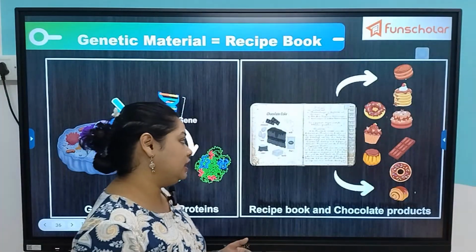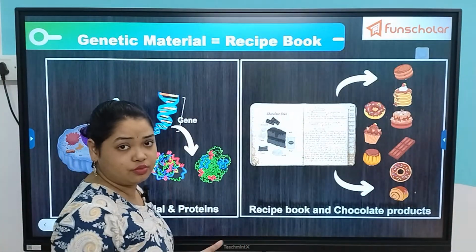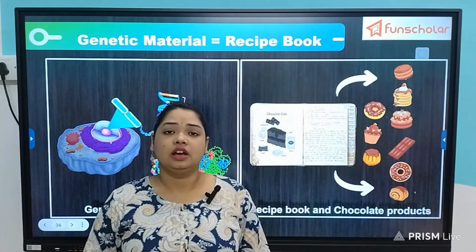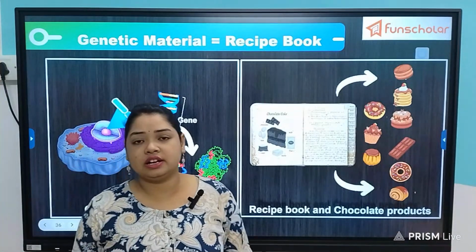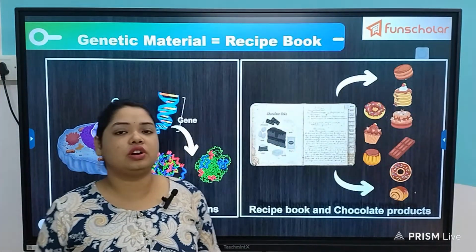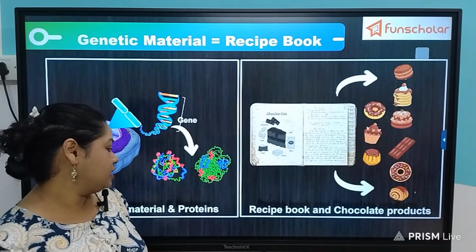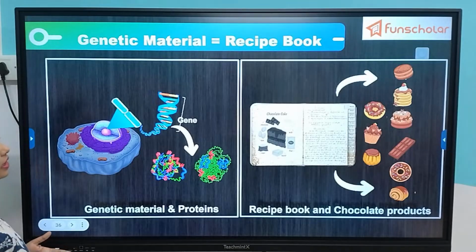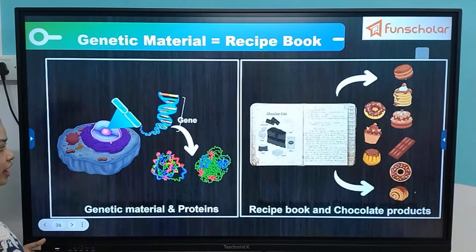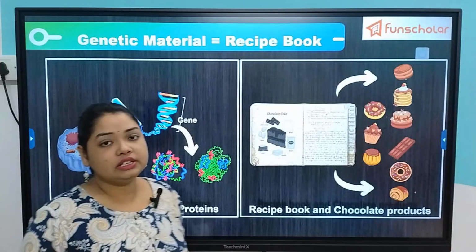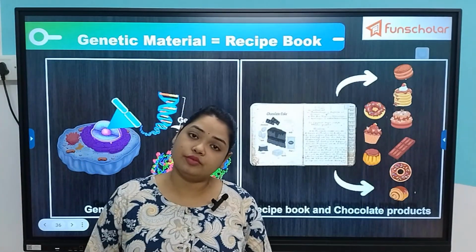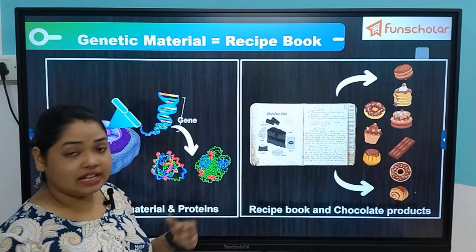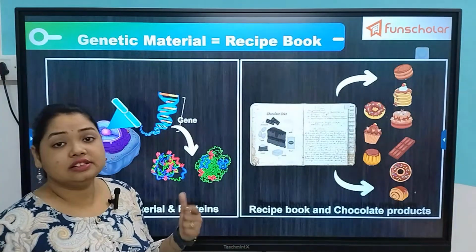Similarly, how the cell will function, what type of proteins will be produced, and how and when the cell will undergo division, everything is coordinated by the nucleus, because in the nucleus we have the genetic material, that means the chromatin fibers which coil up during cell division and form the chromosomes, and the chromosomes contain the DNA and DNA contains the genes.